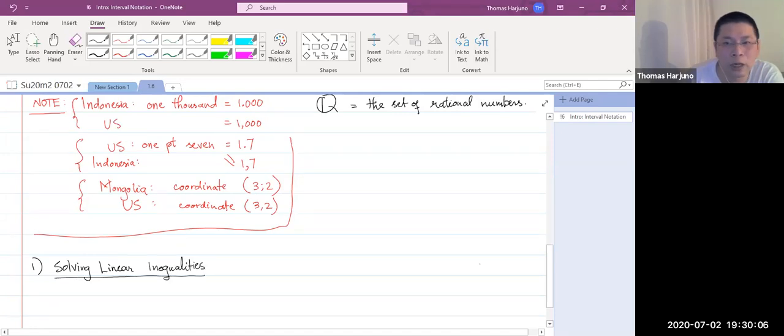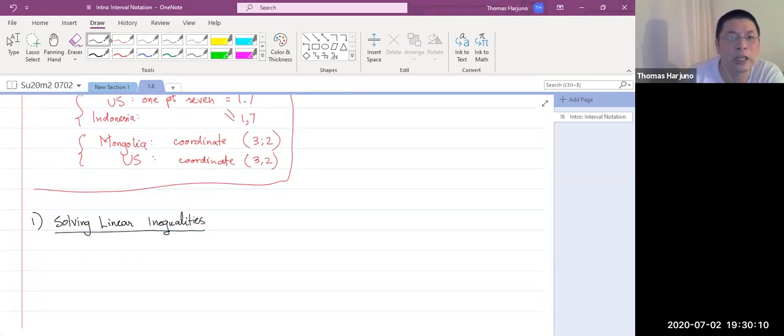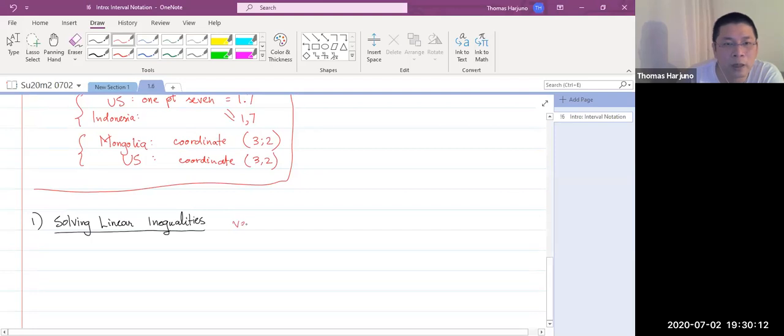Solving linear inequalities is very similar to solving linear equations. Not exactly the same, but very similar to solving linear equations.